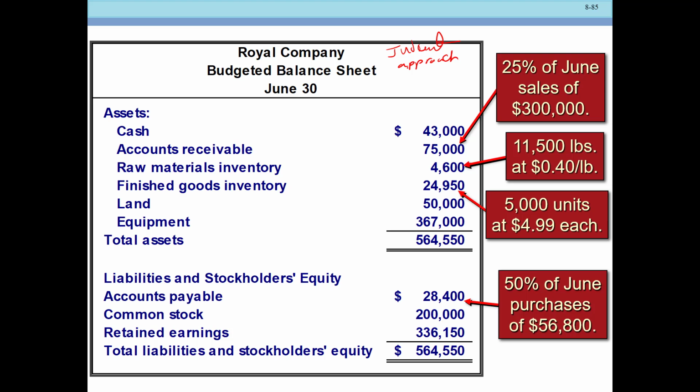This is why these amounts will be plugged in. Some of them, like the raw material, the accounts receivable, the finished goods inventory, or the accounts payable, are coming from the budget that we have prepared, but the remaining numbers are judgmental numbers.